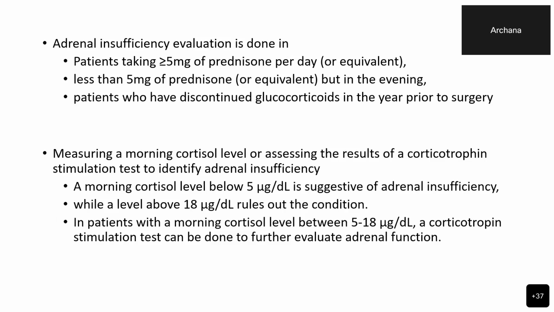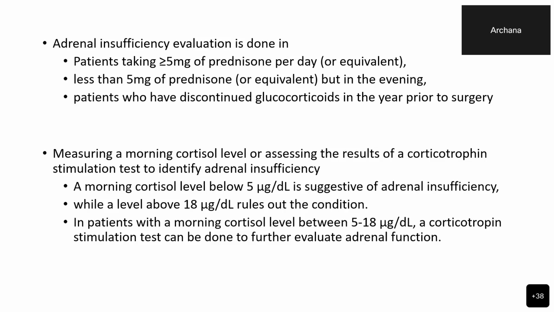Adrenal insufficiency evaluation is done in patients who are taking more than 5 milligram of prednisolone per day or its equivalent, less than 5 milligram of prednisolone but in the evening, and patients who have discontinued glucocorticoids in the year prior to the surgery. Measuring a morning cortisol level or assessing the result of a corticotropin stimulation test helps to identify adrenal insufficiency.